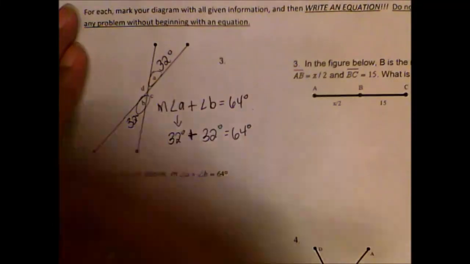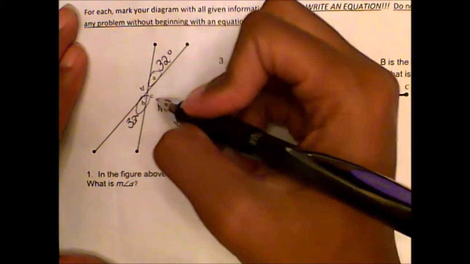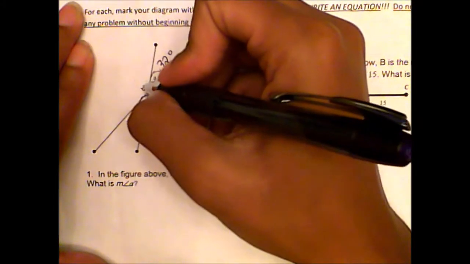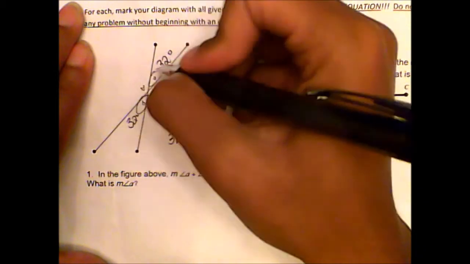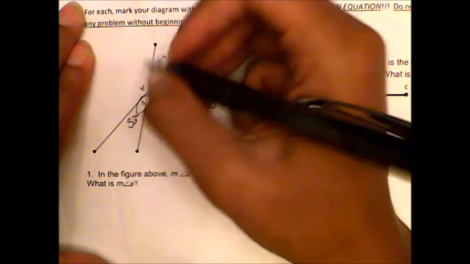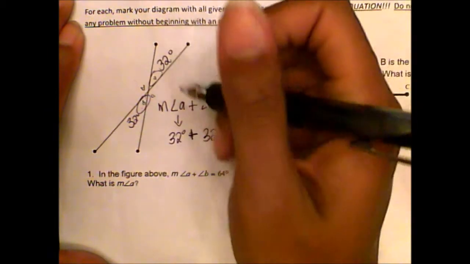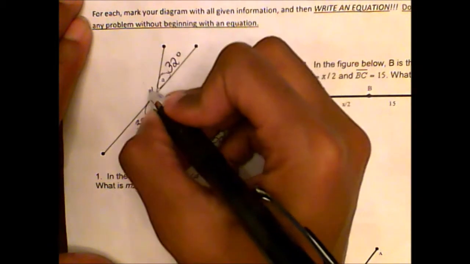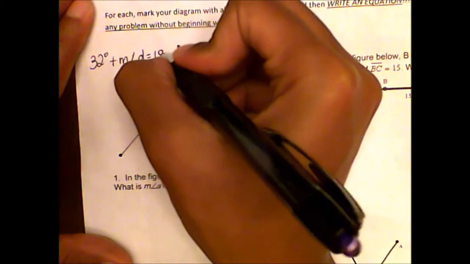Now if I want to find the measure of angle D or the measure of angle C, which are also a pair of vertical angles, what I know is that B and D are a linear pair, D and A are a linear pair, A and C are a linear pair, and B and C are also a linear pair. If you know the definition of linear pair, a linear pair must add up to 180 degrees. So I'm just going to pick A and D. If A is equal to 32 degrees, and we don't know the measure of angle D, we do know that a linear pair has to add up to 180 degrees.